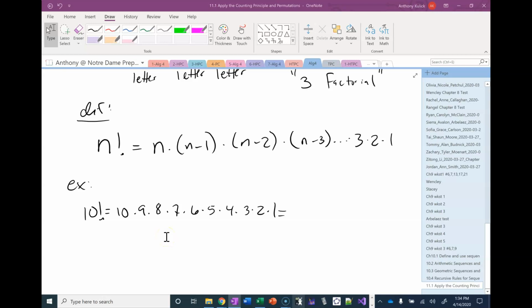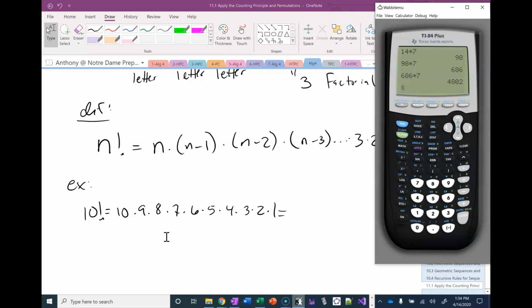So if you take out your calculator, I'll wait a minute for you guys to take out your calculator so you can follow along if you'd like. Or if you need a minute to find it, just press pause and go look for your calculator so you can follow along. So if I want to do 10 factorial, I'm going to type it in just like it looks on my sheet of paper. So I'm going to do the number 10, so there's my 10. And then to get the factorial symbol, I'm going to press the math button.